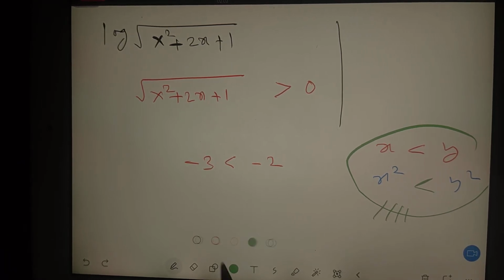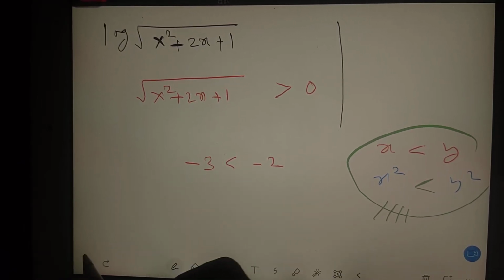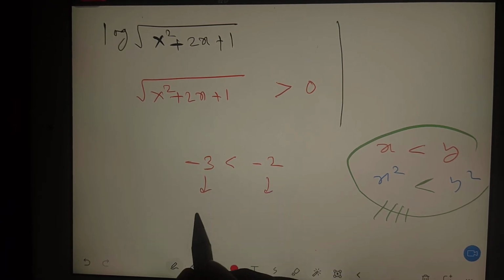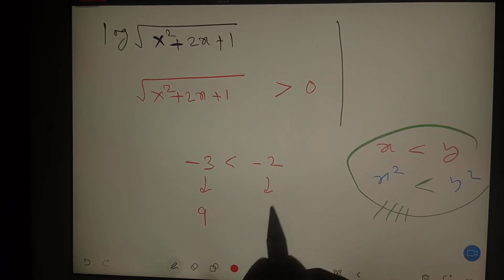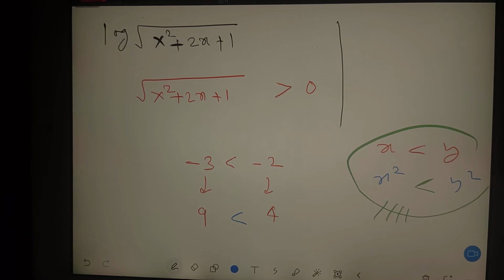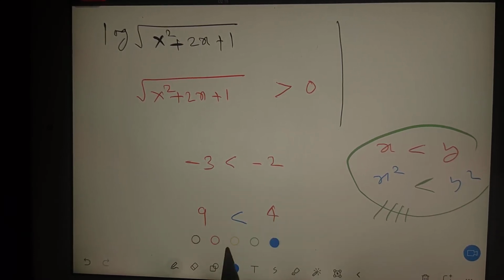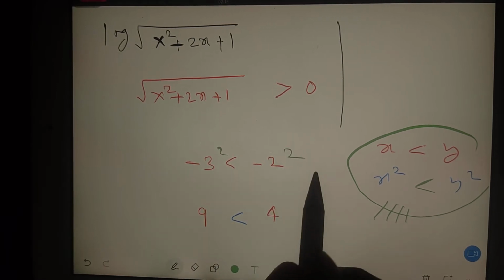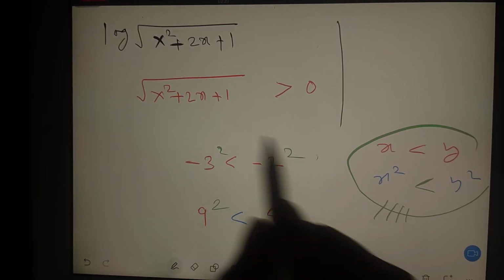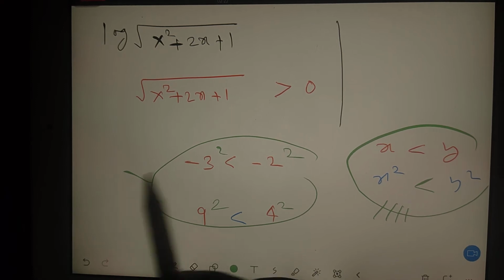In my example you see -3 is less than -2, but if I square both sides, I'll be getting 9 and 4. This time you cannot write the less than sign, correct? You understand why? That's why squaring and writing like this is not allowed under inequality. That's why we don't get the right answer.